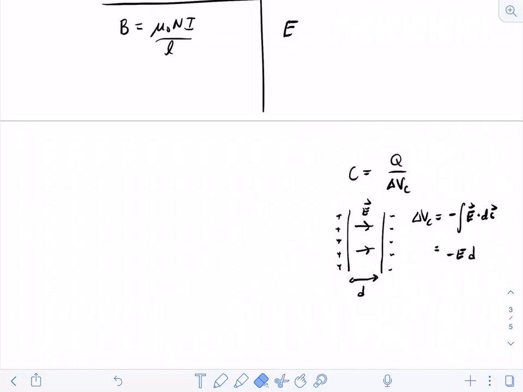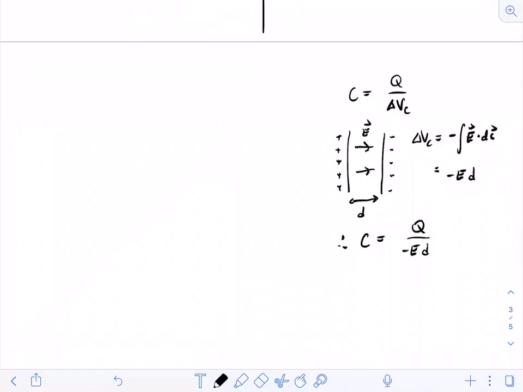Let's just say, therefore, C is Q over the voltage across the capacitor, which is minus E times d, so E is going to be equal to Q divided by C times d.